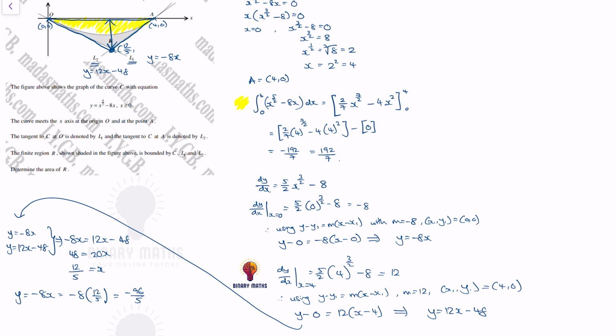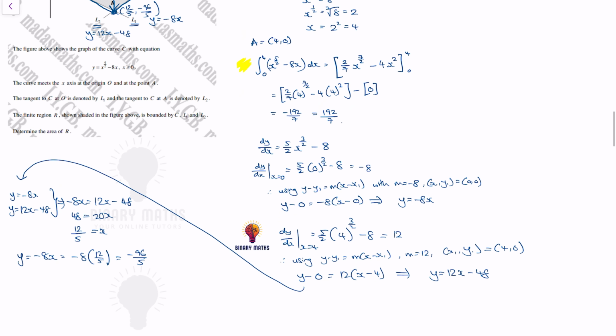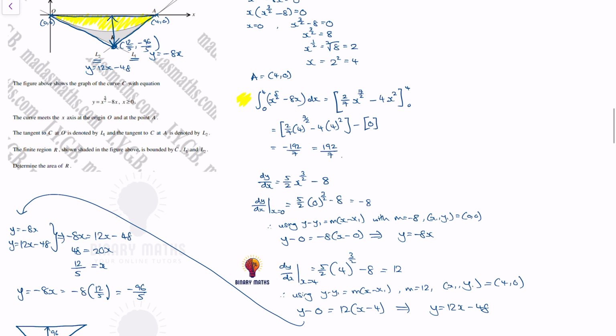So this point is 12 over 5, minus 96 over 5, which means I've got this triangle which has a height of 96 over 5. And I've got the top part, which is the base of 4, because this goes from the origin to A, which is 4, 0.